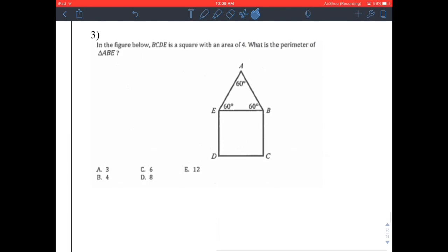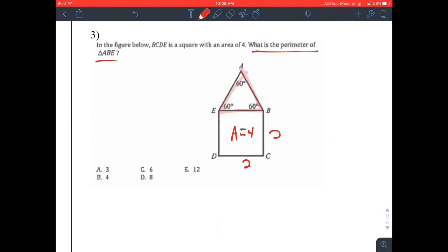All right, in the figure below, BCDE is a square that has an area of 4. Well, if the area of this is 4, that means each of these sides has to be 2, because 2 times 2 is 4. What is the perimeter of triangle ABE? That's this triangle here.